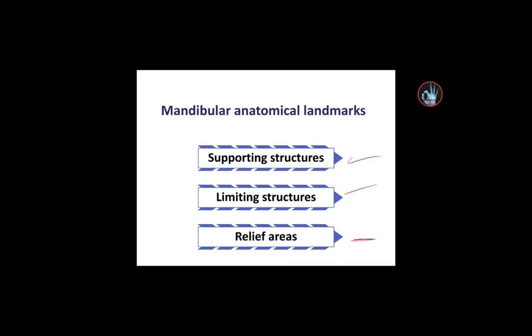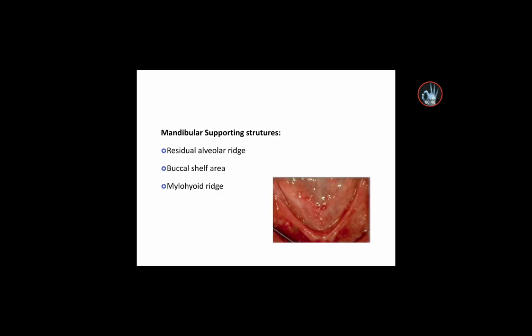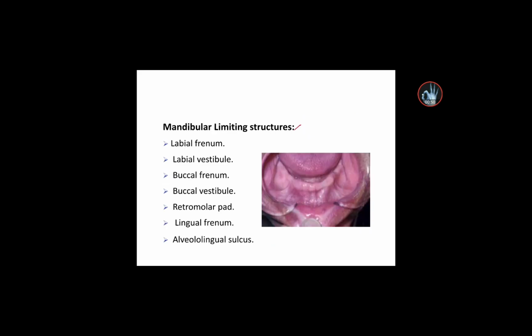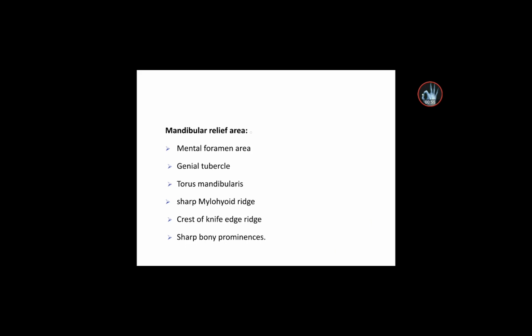And in the end today we will talk about the relieving area، الأماكن اللي احنا نسوي لها relief اللي هو نخفف الضغط عليها. So we described the supporting structure, limiting structure of the mandible, and today we will talk about the relieving structure or area of the mandibular.